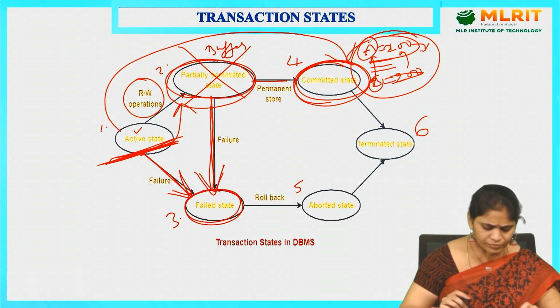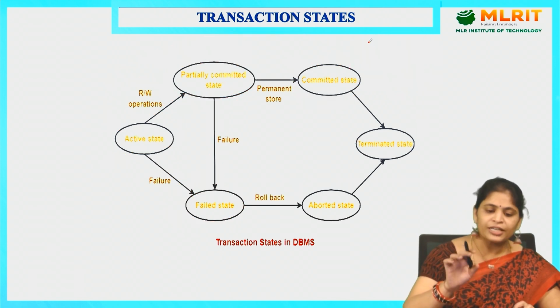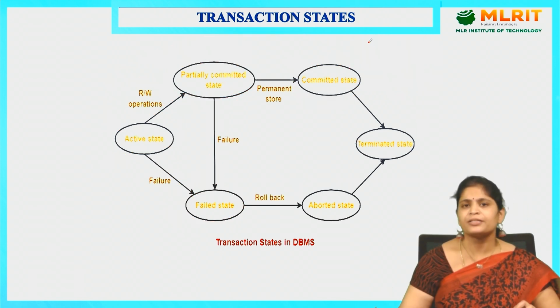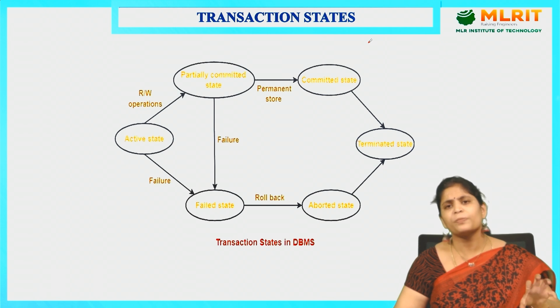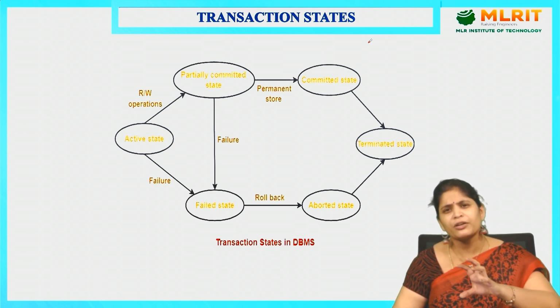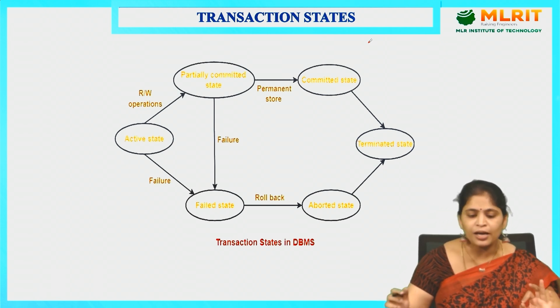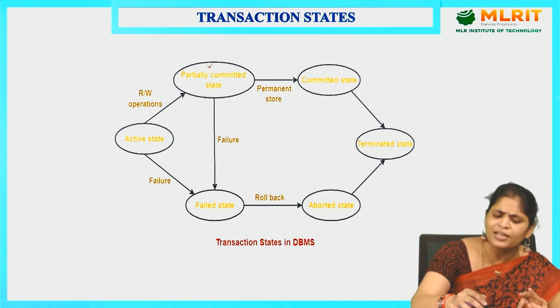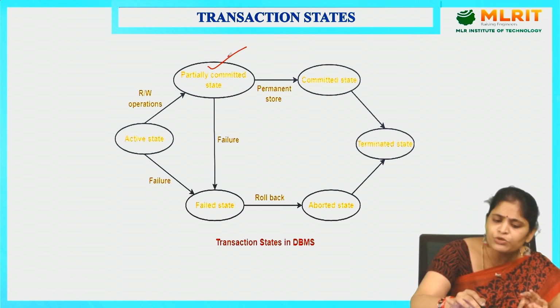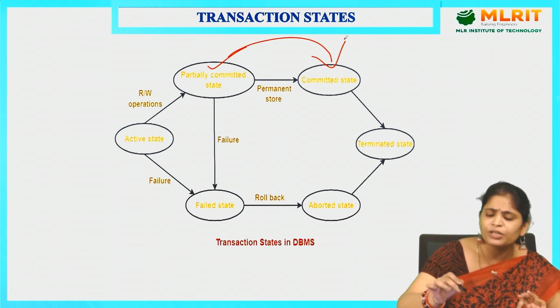Clear? Now, that is the purpose of the partially committed state. Whatever actions we perform are done in the local buffer rather than communicating with the database. If the transactions are successful, then we update this data permanently to the committed state.